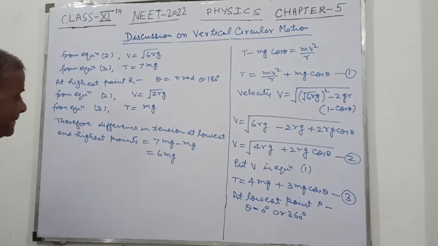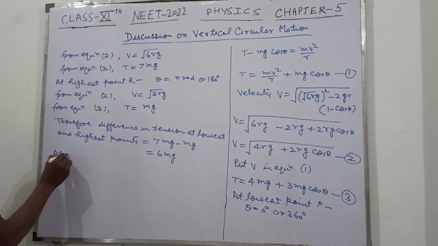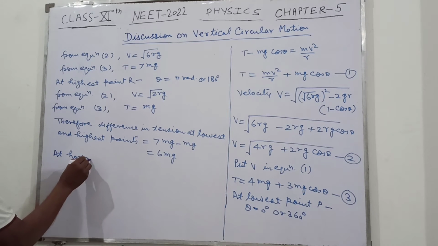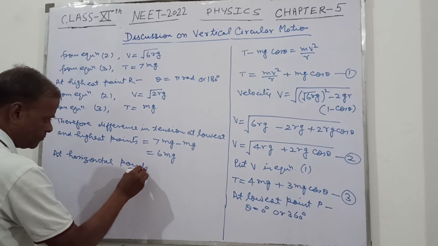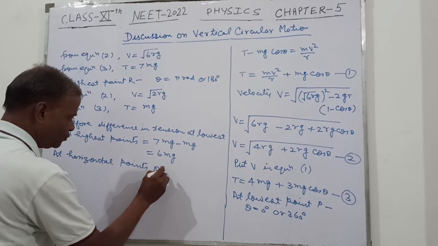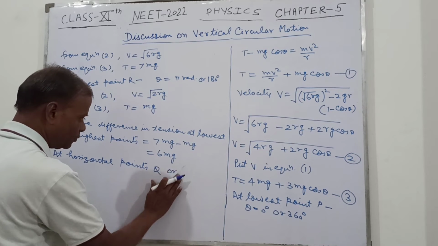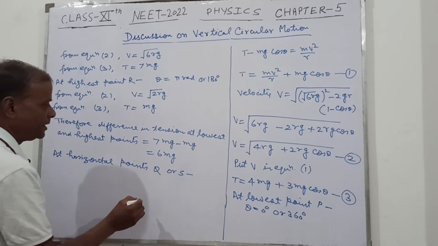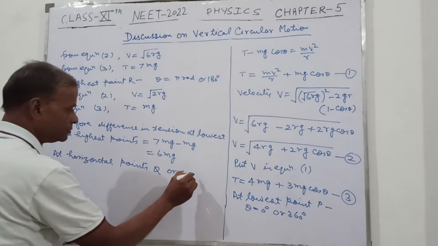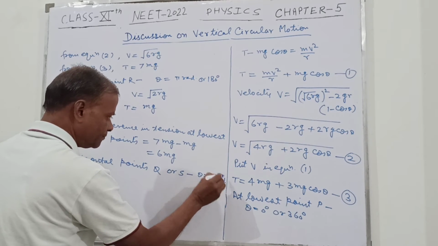Now we are taking the horizontal points, Q and S. What we have here is theta equal to pi by 2 radian.